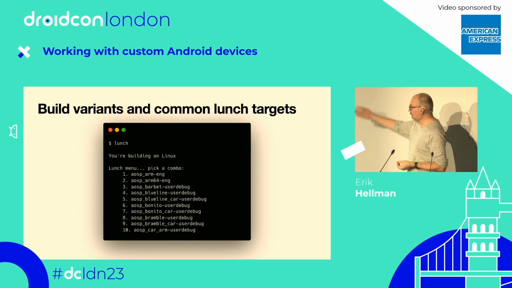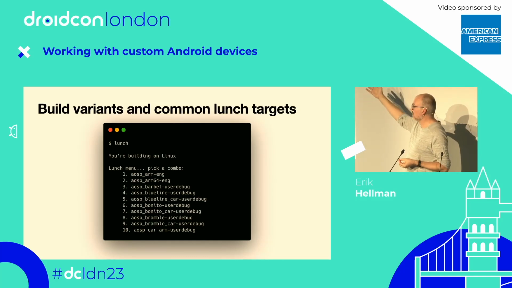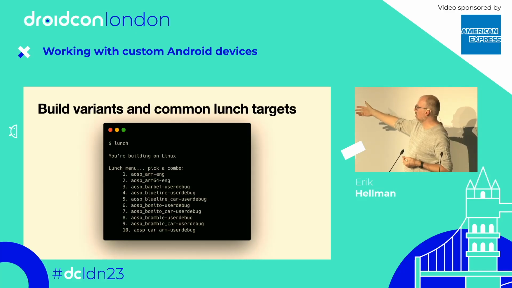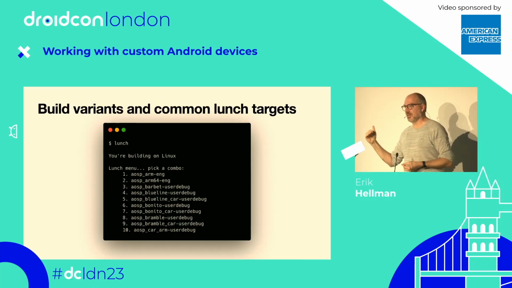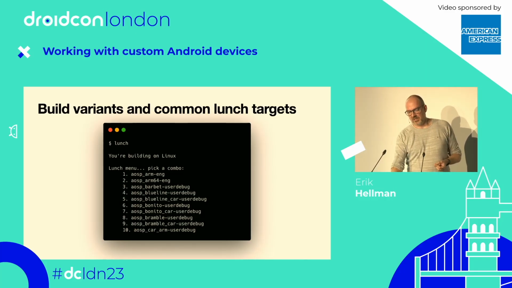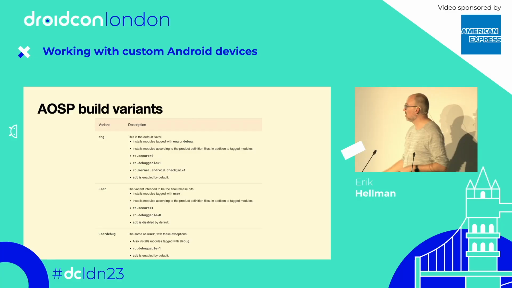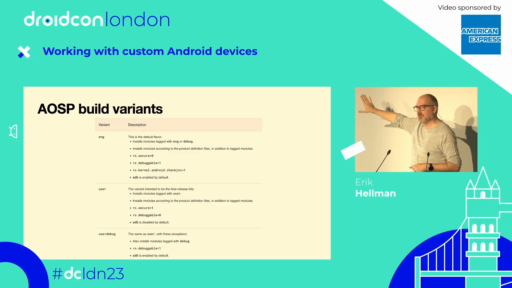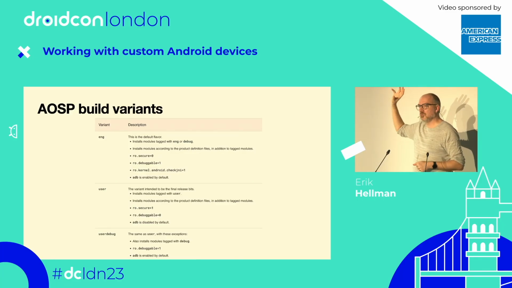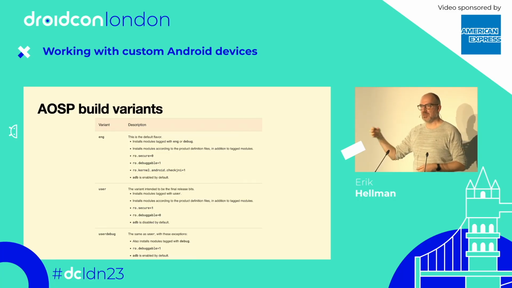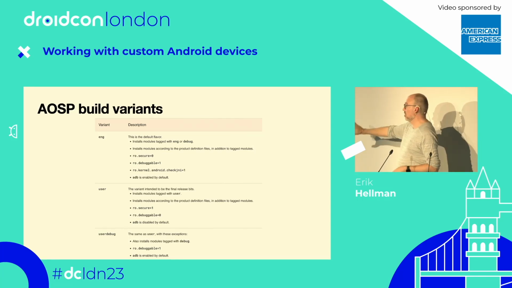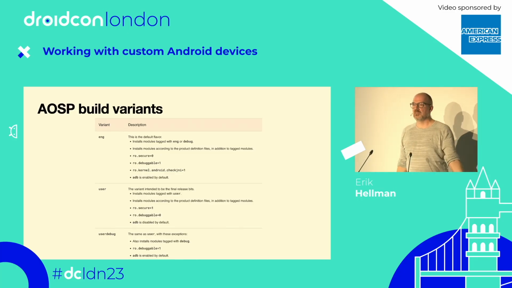So if you run lunch on an AOSP checkout, you get this. And here we say aosp_bramble-userdebug, but you don't see aosp_bramble-user or eng. Those are not listed there, but they are still available. So if that annoys you, you can actually just add them yourself. But it's important to know these variants, what they mean. The one you should be using during all development is userdebug. You shouldn't modify the debugging flags on any of these variants. But you should use userdebug. That one lets you remount a system partition that's writable.